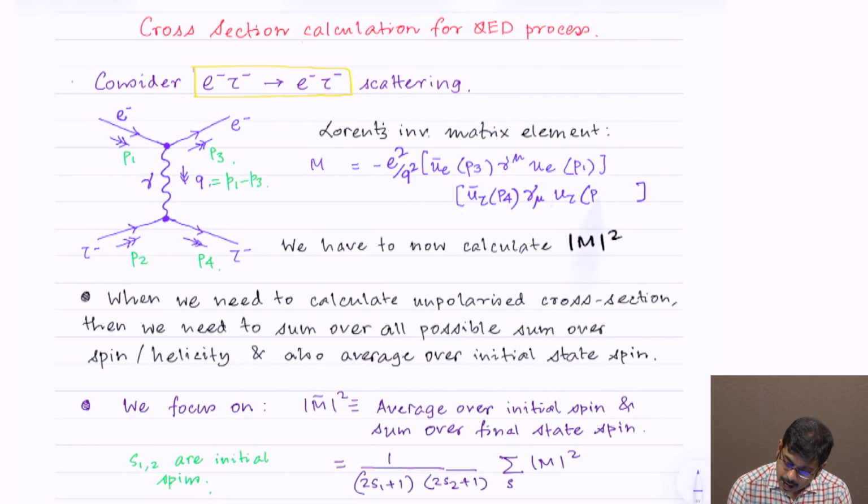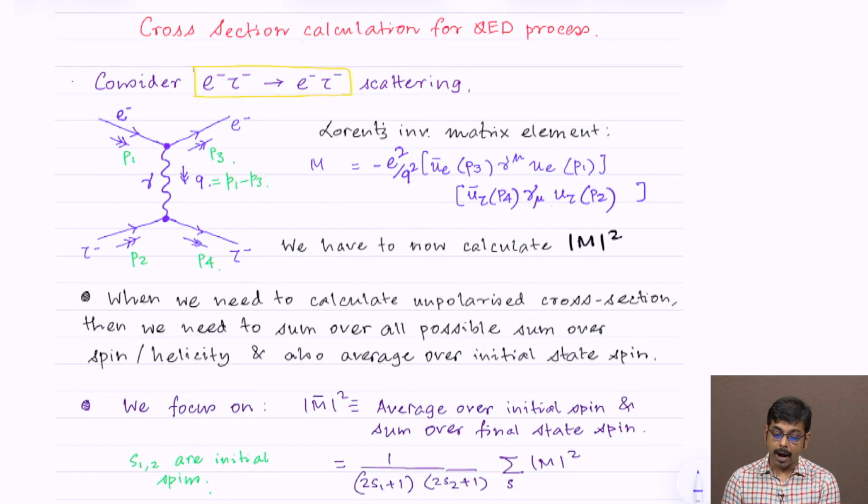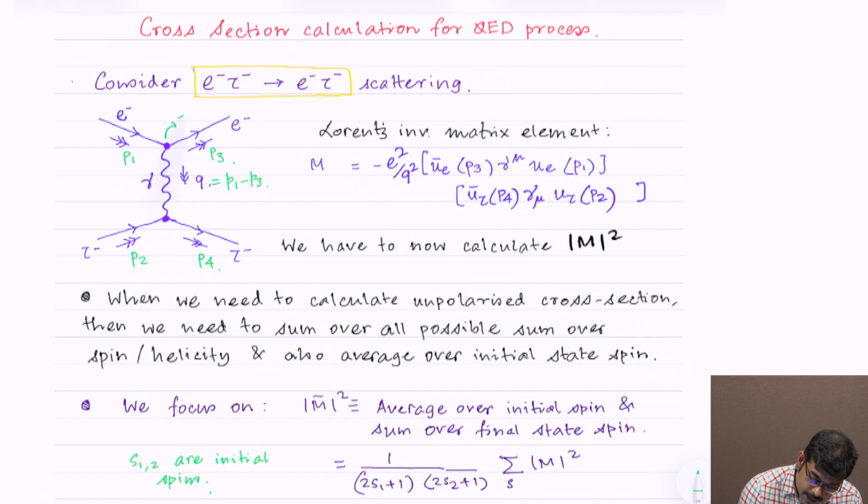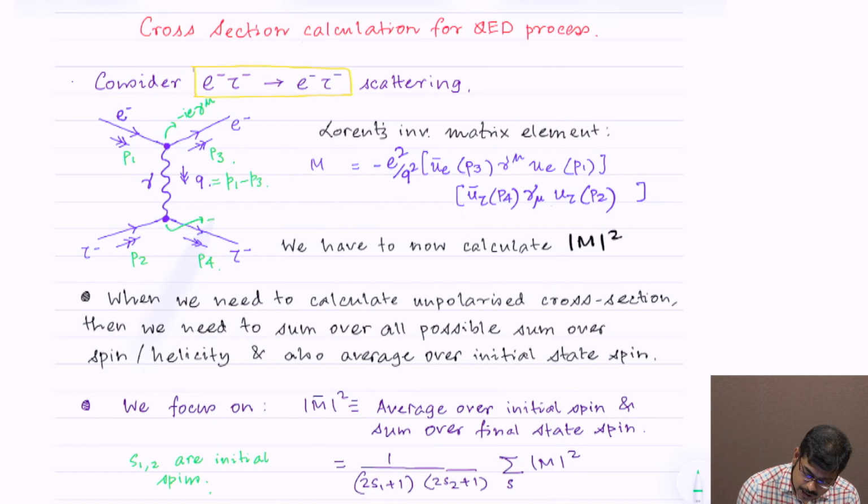P2, correct. And this factor of minus e square is essentially coming from the vertex, because each vertex is proportional to minus i e gamma mu, and this one is proportional to minus i e gamma nu, a different Lorentz index.